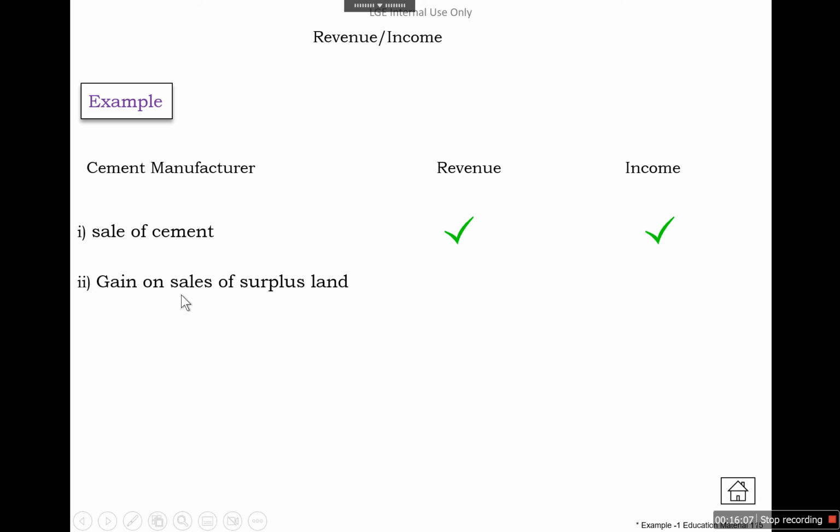But if there is a gain on sale of surplus land, it is not an ordinary activity of the entity, so it will not be covered under revenue, but it will be covered under income, because income is wider.